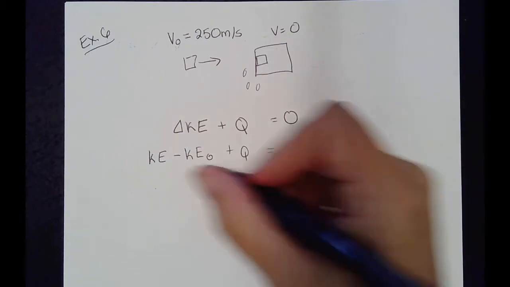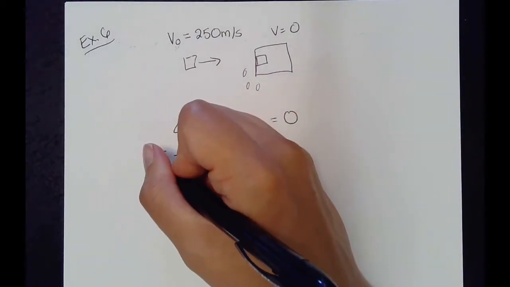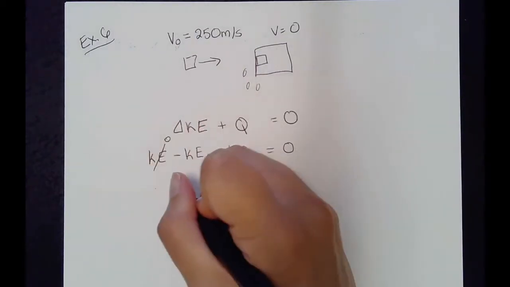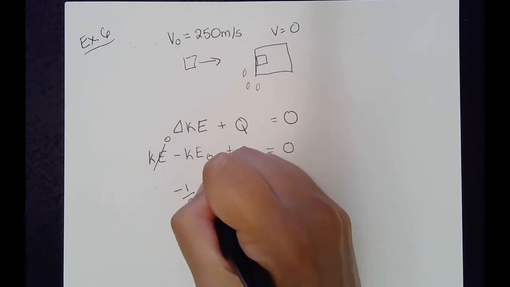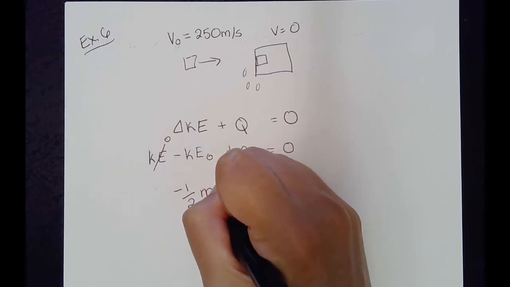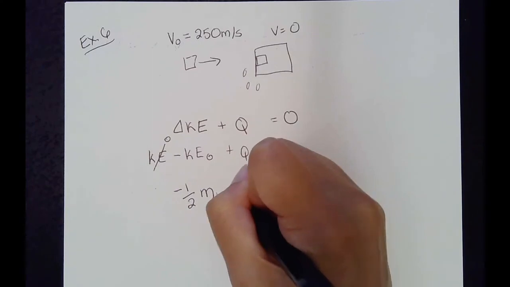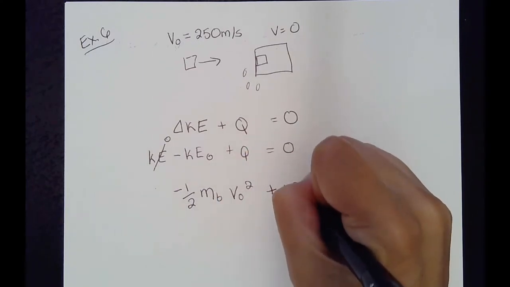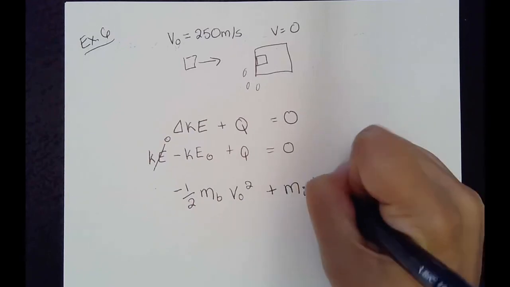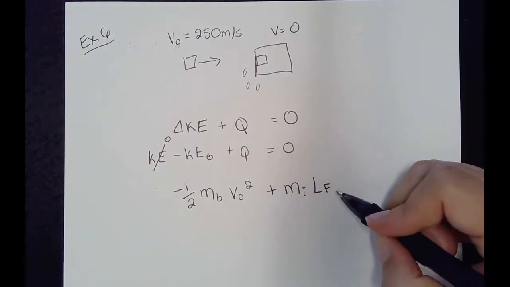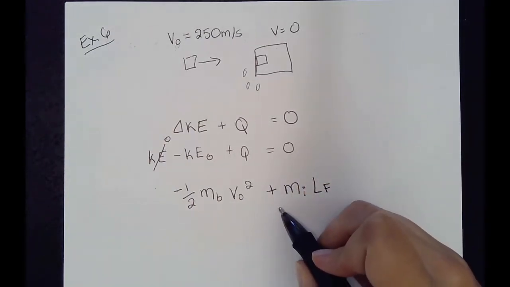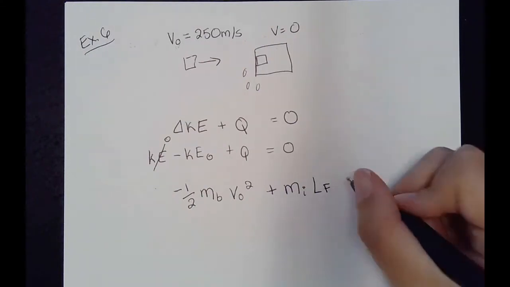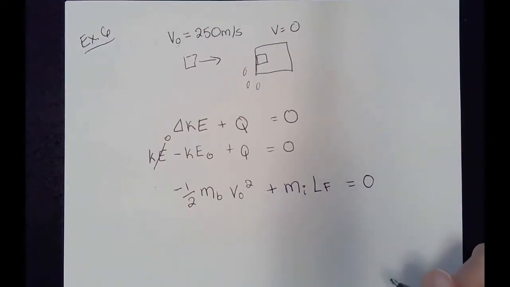And then we can cancel the final kinetic energy. So we'll have negative 1/2 m. Let's label this m_b for the bullet, v0 squared, plus m of the ice, the latent heat of fusion of the ice. So this is positive because it takes in energy to melt that ice, and that adds to 0.